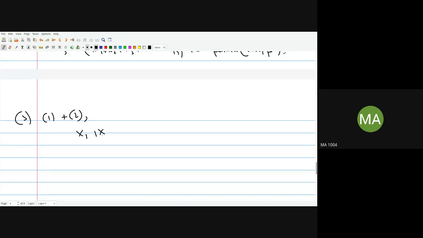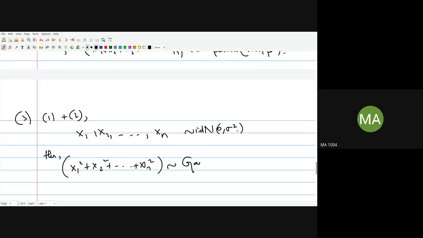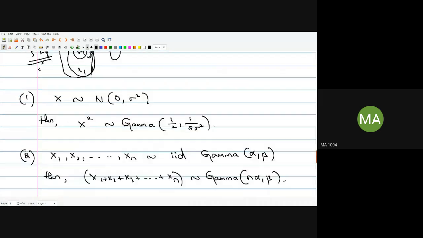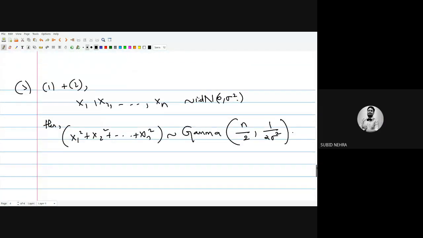If I have x1, x2 to xn, whatever the question gives, following IID normal 0, sigma square, then x1 square plus x2 square plus up to xn square will follow gamma n by 2 comma 1 by 2 sigma square. So we have combined these two things. That's it. This is the thing you require.